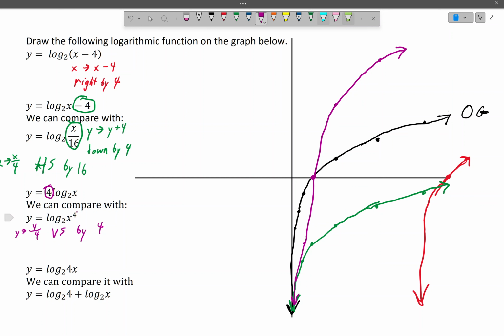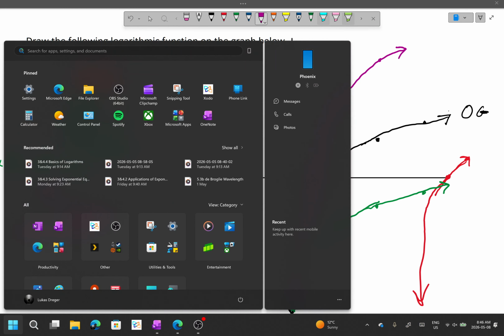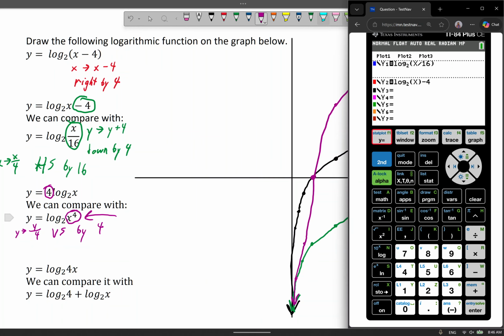We're going to compare it to this one. You'll notice that this is not a transformation, but you'll notice that it looks a little different, and that's on purpose. So we're going to insert a 4 here on the outside. We're going to get rid of that 16, and then we're going to insert an exponent to the 4 here and see how they look.